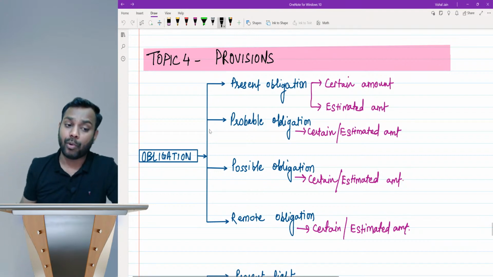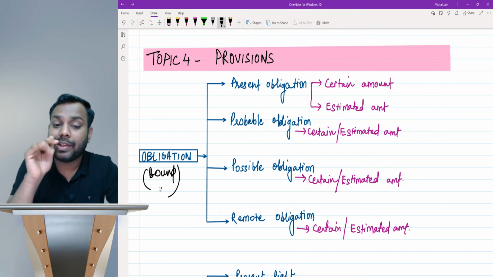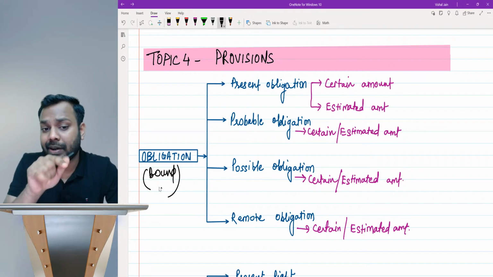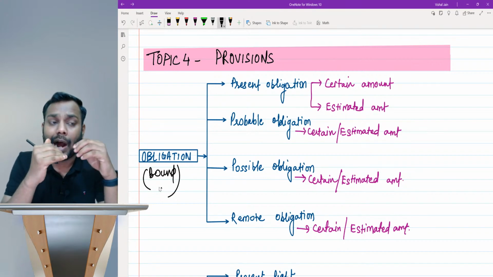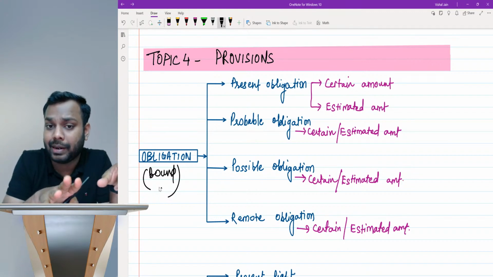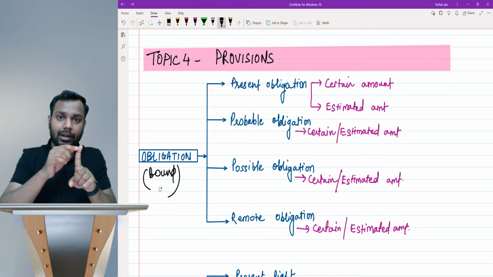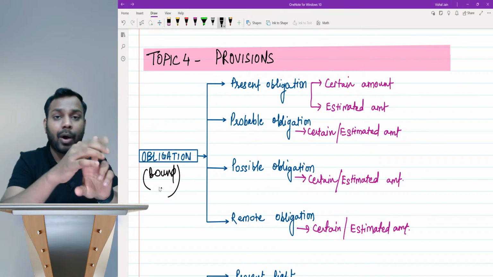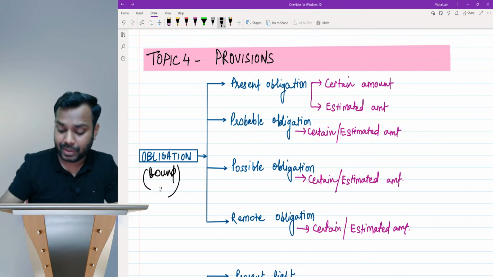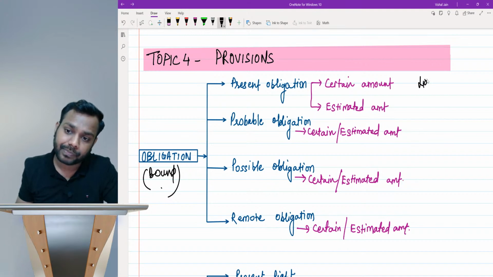Obligation means you are bound. If there is a present obligation, the outflow is certain and the amount of outflow is also certain, in that case you will recognize a liability.